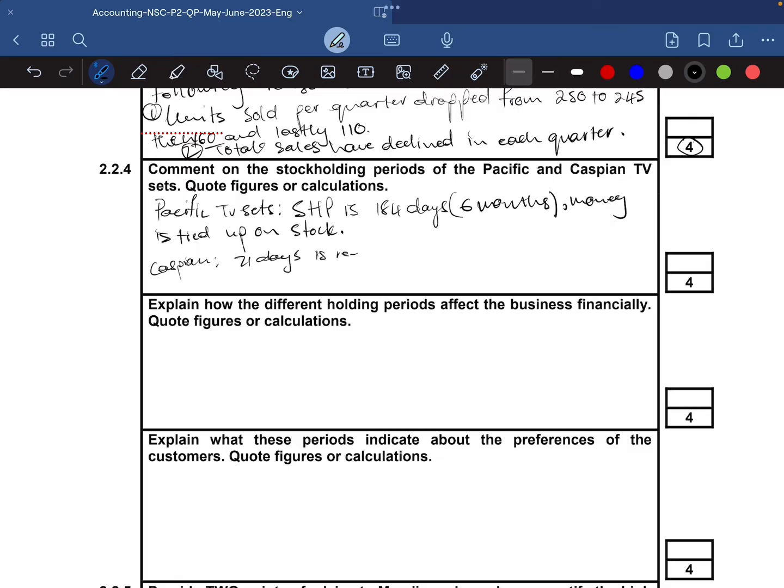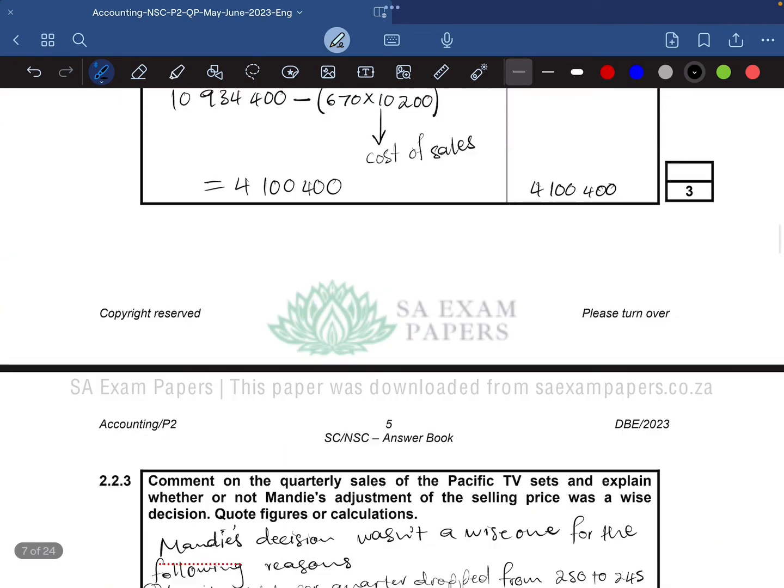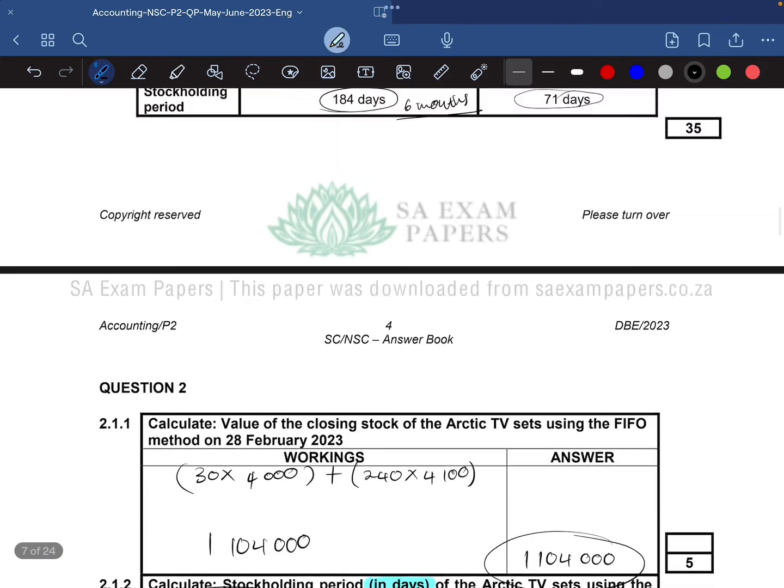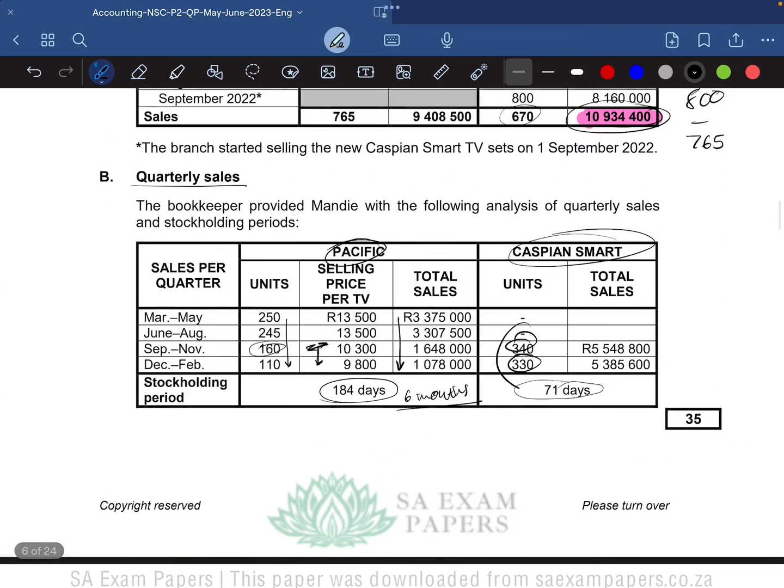is reasonable. Remember that they also started selling these TV sets, the Caspian, in September, and 71 days is quite reasonable because it's still new in the market, and with the amount of stock that we're selling, it's quite good because it's huge amounts of stock that are being sold. It's actually more than the Pacific, because here we're selling 340, 330.